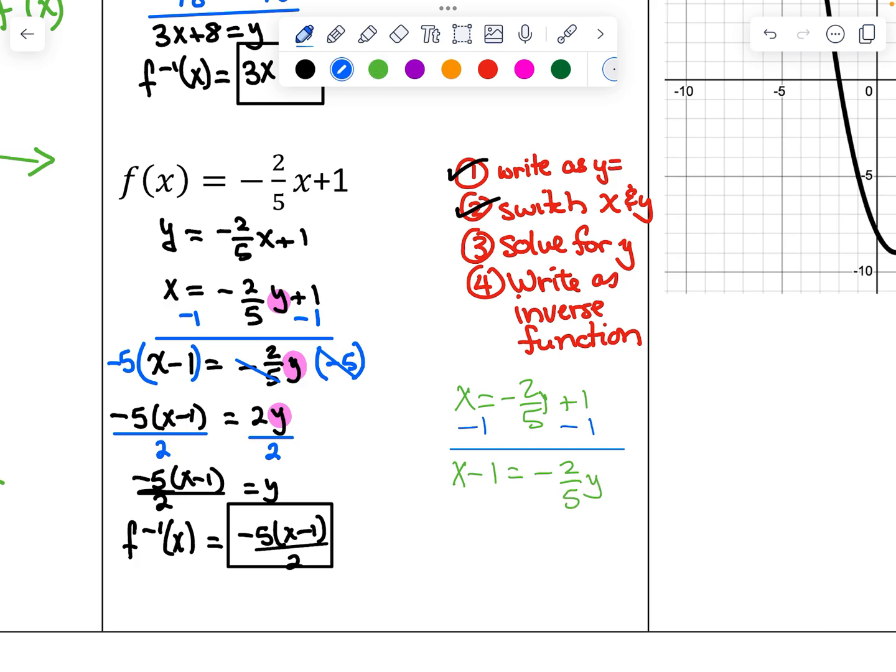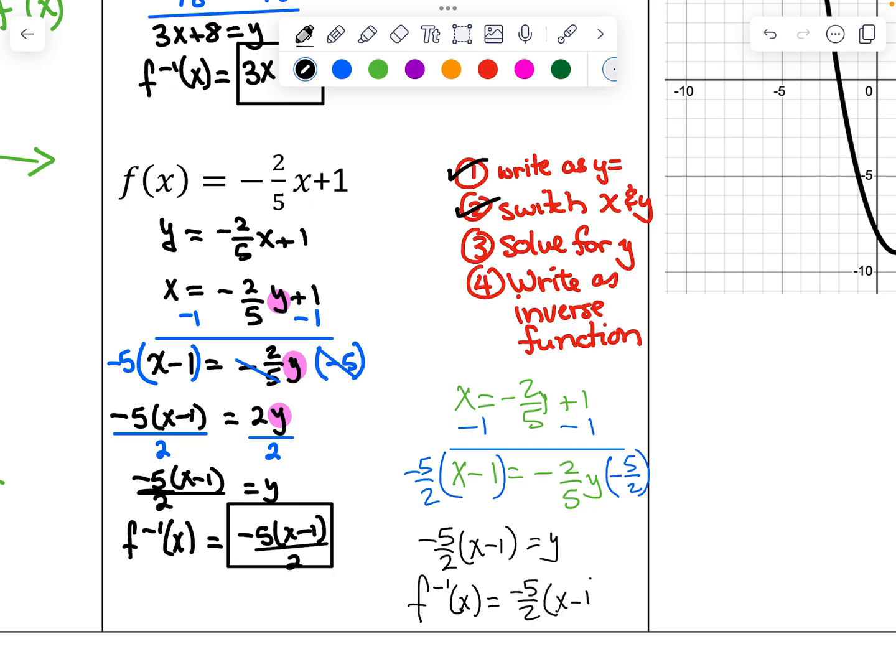We could have multiplied by negative 5 halves. And that would have given us negative 5 halves of (x minus 1) is equal to y. So the inverse of f of x is negative 5 halves (x minus 1).